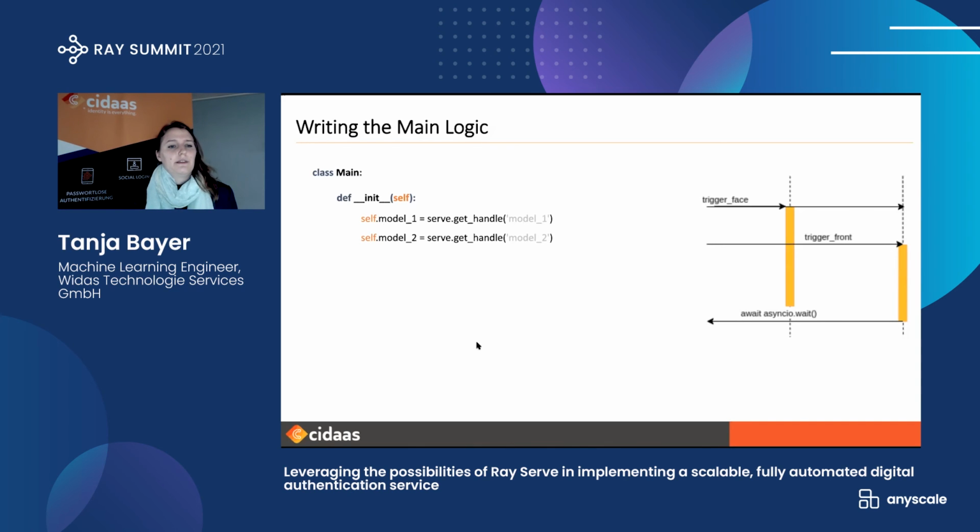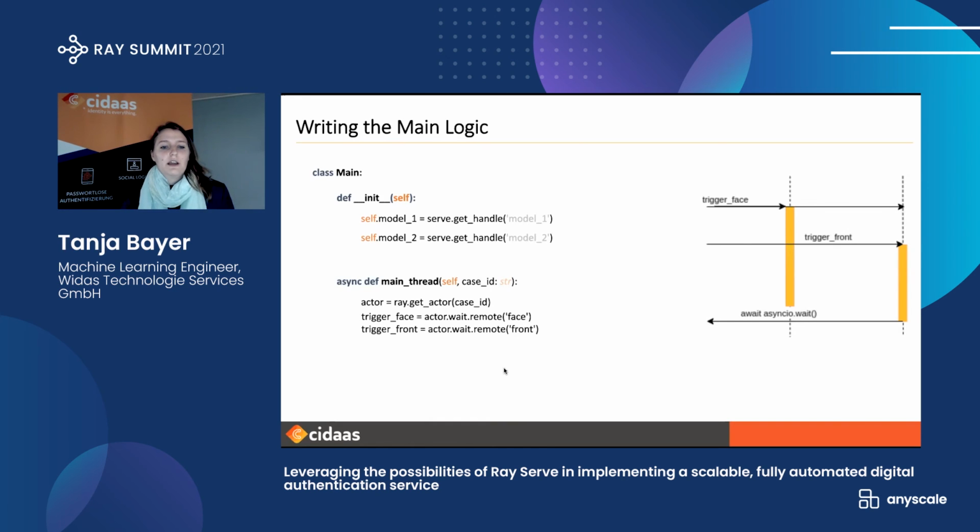And later, when this backend is called, we first need to create a case actor, array actor, which we then can use to call the wait function, and pass and store the object reference for this wait function in our trigger variables. Those trigger variables we then pass to the serve backends. And again, we just store the handles to those functions in a variable and don't await them.